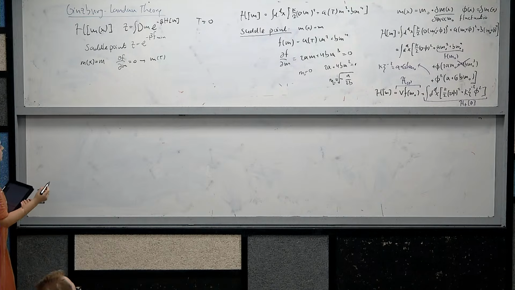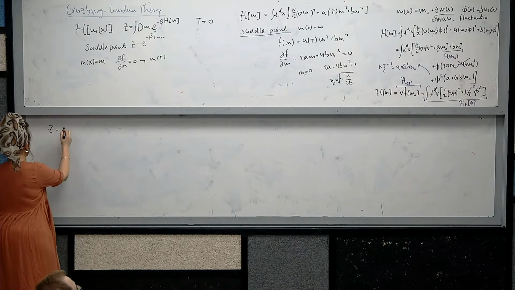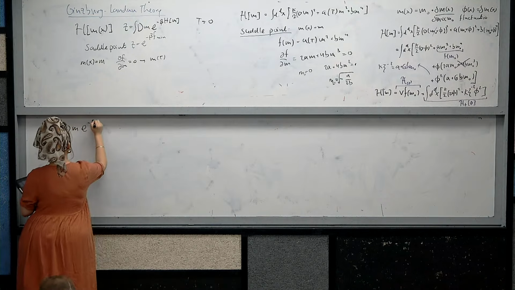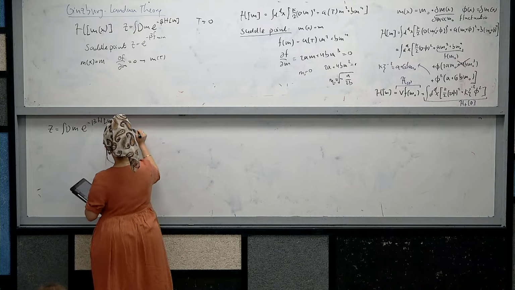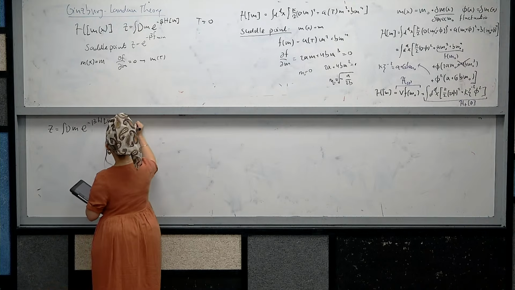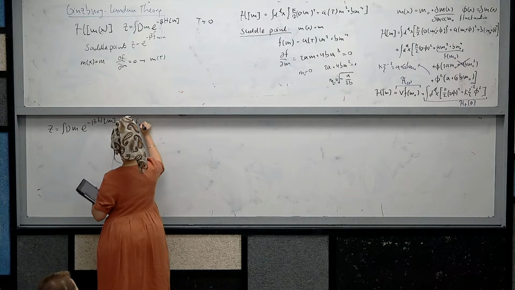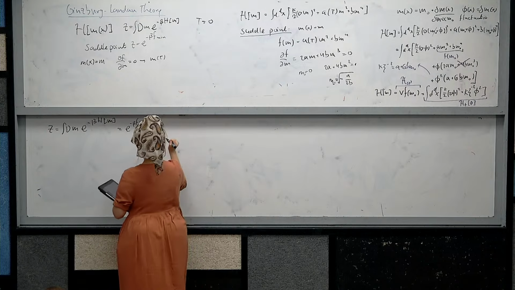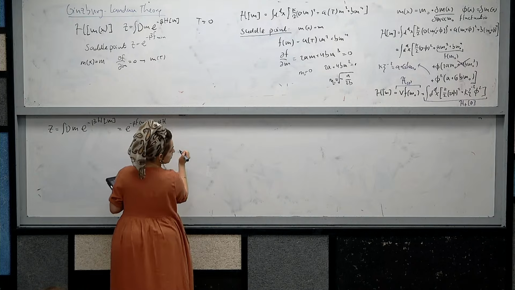So if we look at the partition function, we have the saddle point term times the integral of e to the minus H_F.